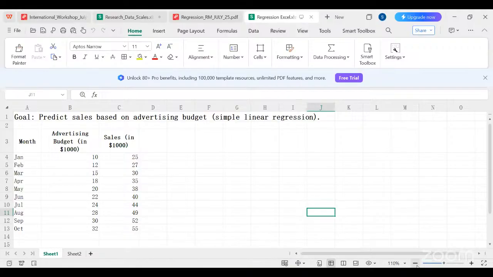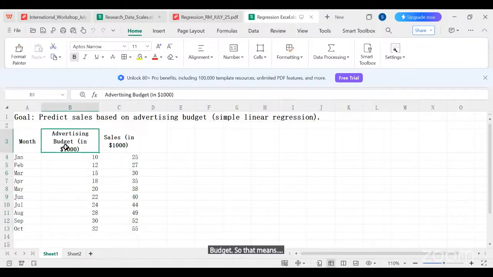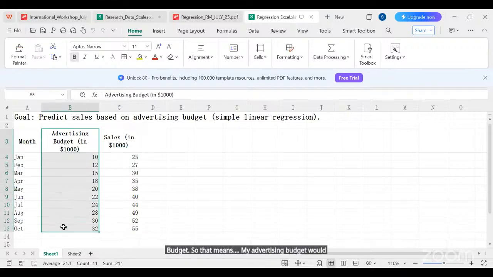Here the first sheet says our goal is to predict the sales. What I want to predict is my dependent variable. So I want to predict the sales based on advertising budget, which means my advertising budget is the independent variable.